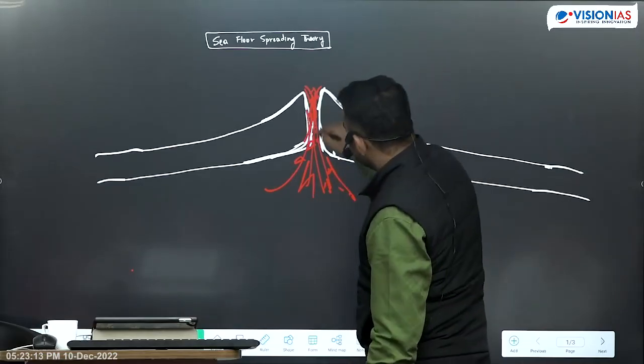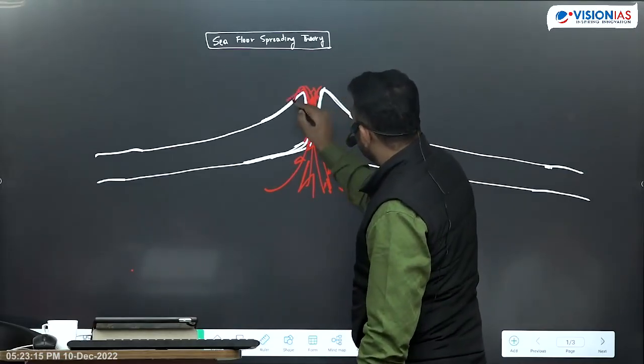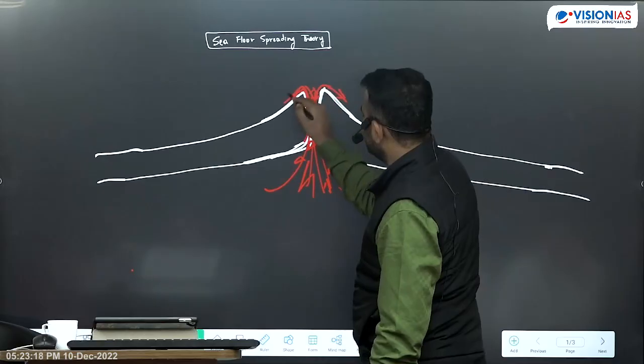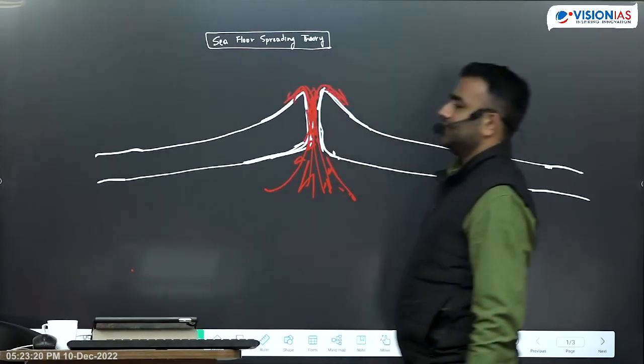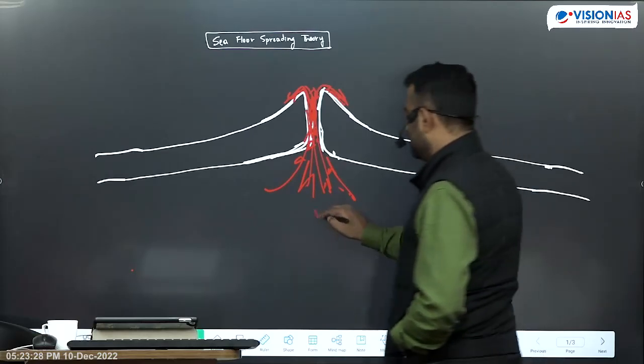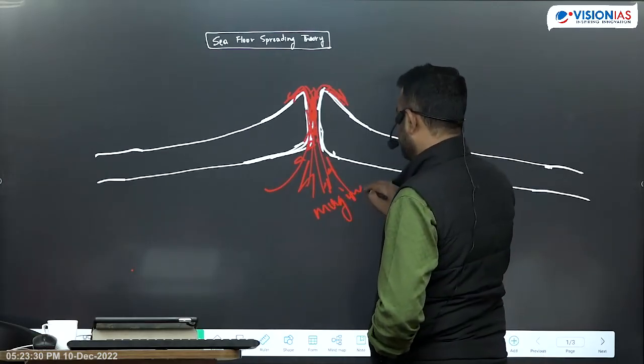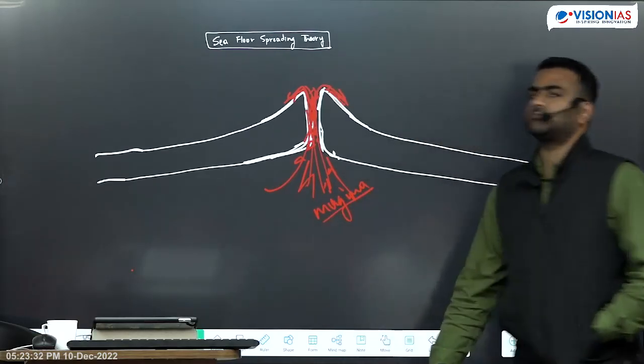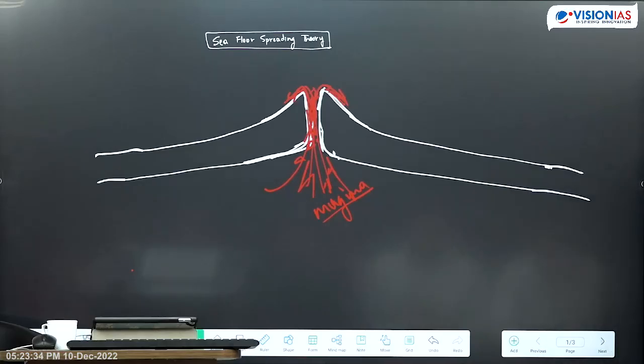It was continuously erupting out, slowly and continuously, without much disturbance, smooth eruption. Okay, we discovered that these mid-oceanic ridges are the regions where the magma is continuously coming out.